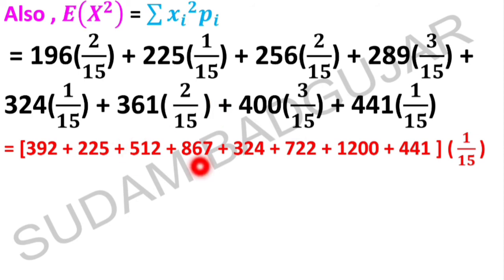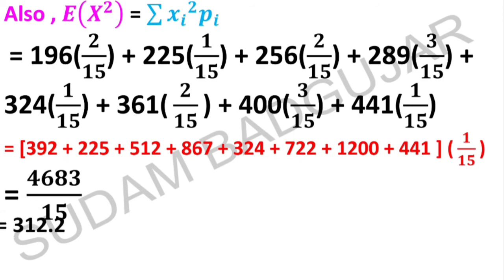So you have to add all these numbers here, you will get 4683 into 1 upon 15, means 4683 divided by 15. After simplifying you will get 312.2. This is nothing but E of x square.